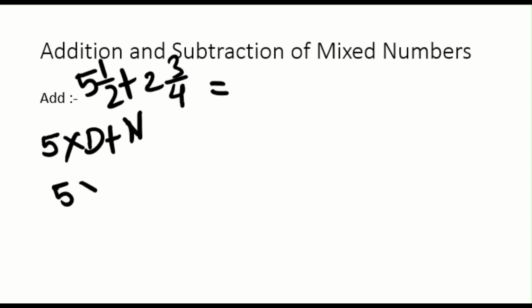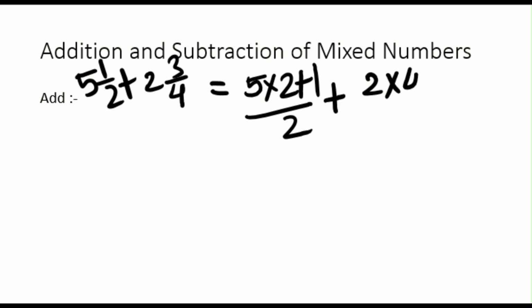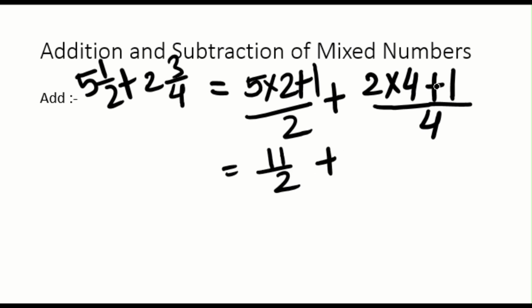Means our number will be 5 into 2 plus 1 upon 2. In the same way we write over here: 5 into 2 plus 1 upon 2 plus again 2 into 4 plus 1 upon 4. Our answer will be 5 2s are 10 plus 1, 11 upon 2, plus 2 4s are 8 plus 1.